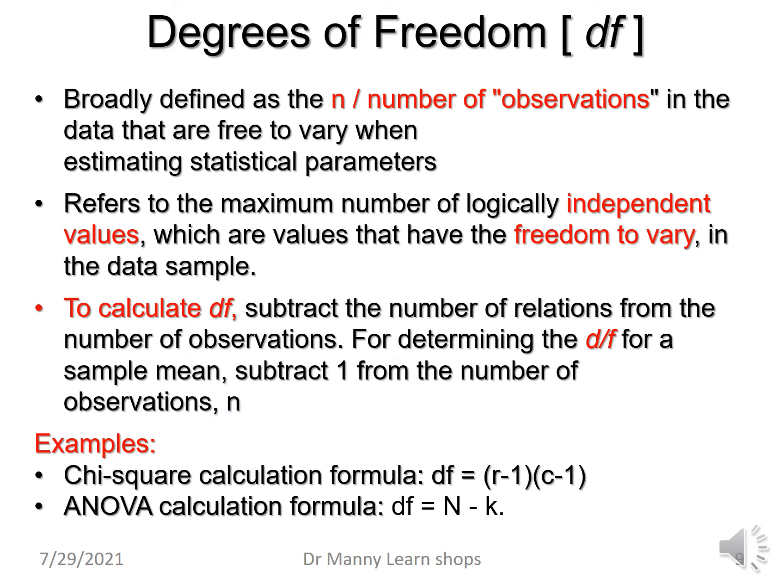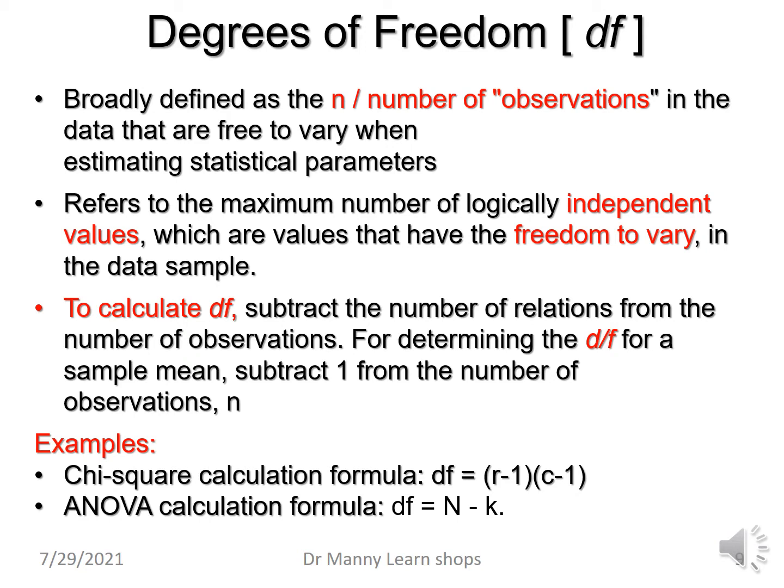We need to talk about the degrees of freedom. Broadly defined, the degrees of freedom is the number of observations in the data that are free to vary when estimating statistical parameters. It refers to the maximal number of logically independent values, which are values that have the freedom to vary in the data sample.